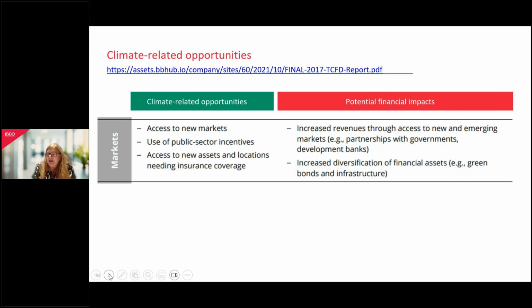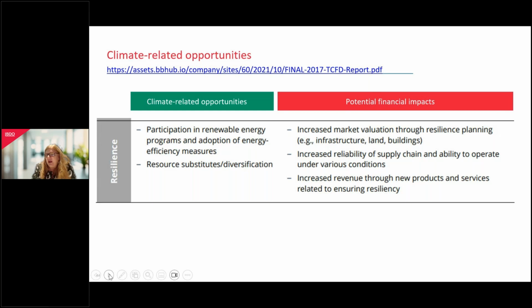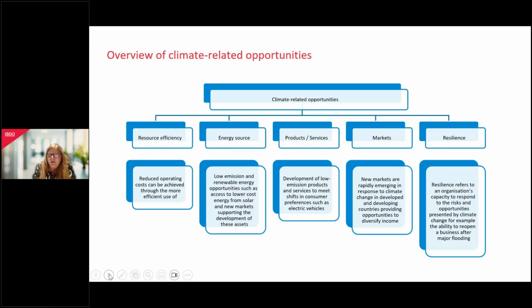So maybe a metric is, to what extent are we using green bonds? And resilience, again, looking at reliability of the supply chain, looking at new products and services. So very important to come up with metrics to ultimately support the climate-related opportunities that we've identified.